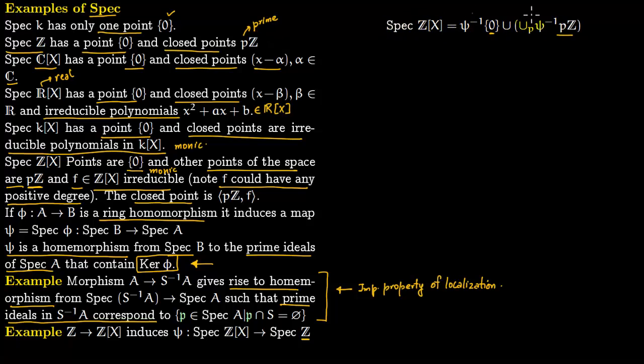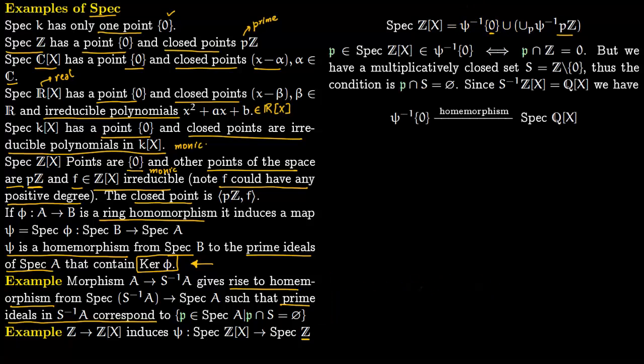Let us describe this space starting with psi inverse of 0. We say that a prime ideal P of Spec Z[x] lies in psi inverse of 0 if and only if this prime ideal intersected with the integers is 0, because the kernel is just 0, so it contains the kernel. But we can construct a multiplicatively closed set S which does not contain 0, namely Z minus 0.